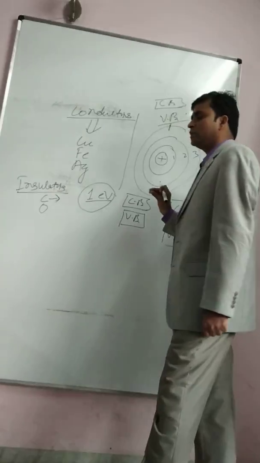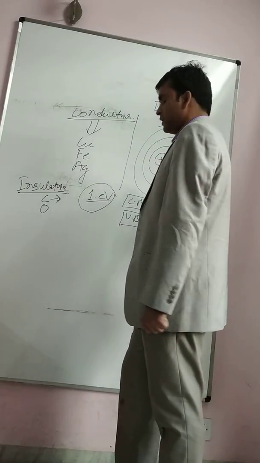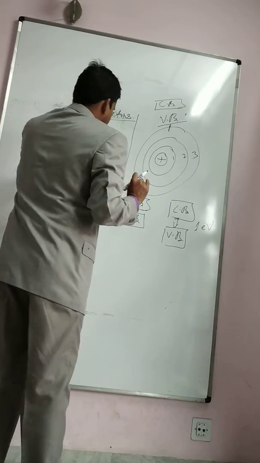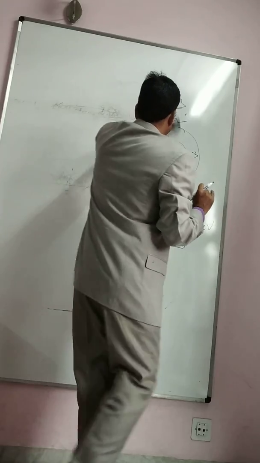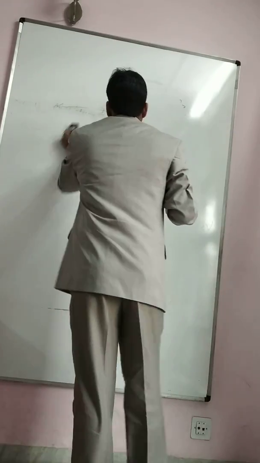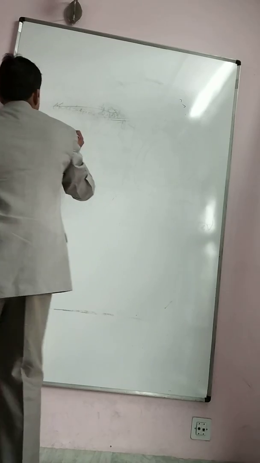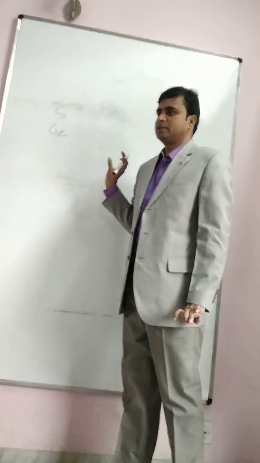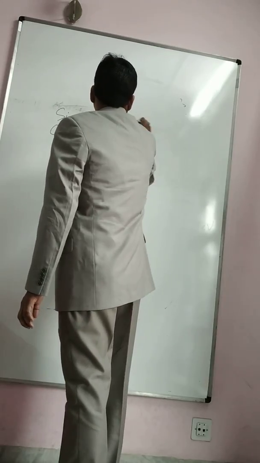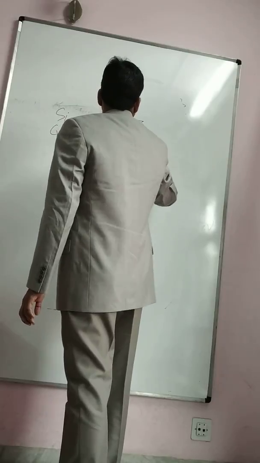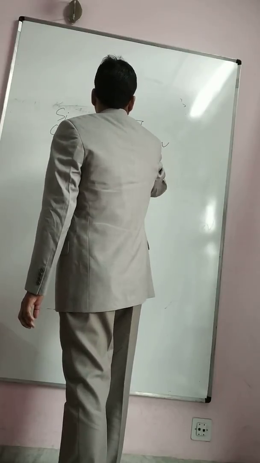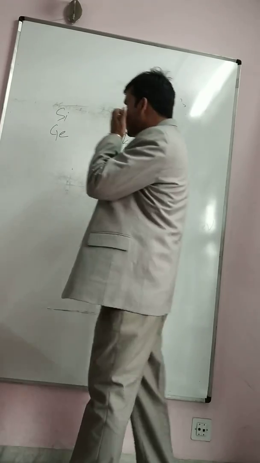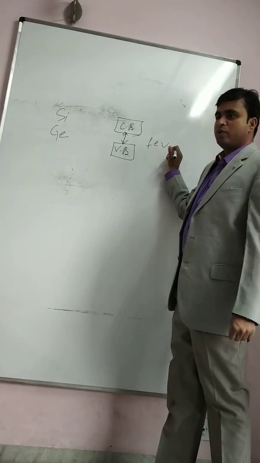So here we are aware of the conductors and insulators in terms of the energy gap or energy band theory. Our main concern is semiconductors. First of all, you should know silicon and germanium are two naturally occurring semiconductors, and their energy gap is moderate, about 1 electron volt.